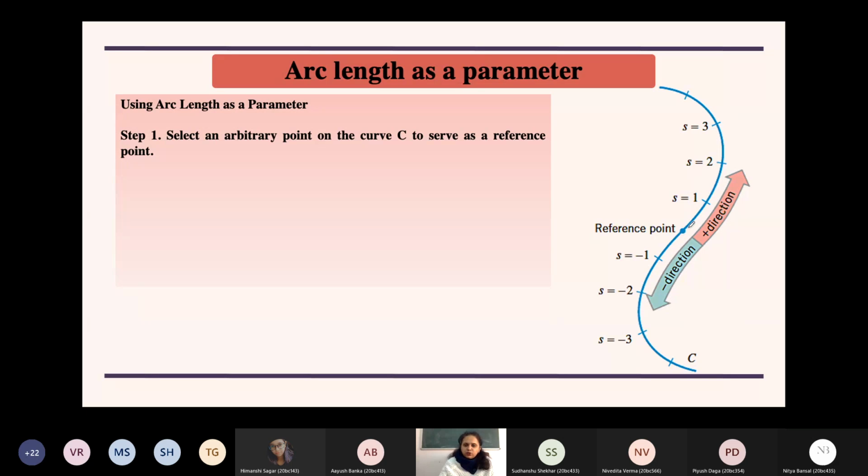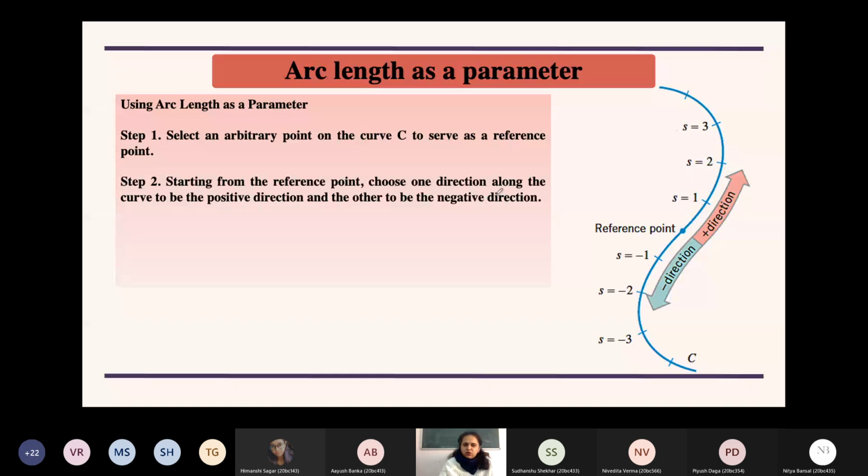And then you also have to choose a direction. So starting from the reference point, you have to choose a direction along the curve to be the positive direction, and you choose a direction to be the negative direction. So this is similar to, suppose I just stretch this curve and make it a linear curve.